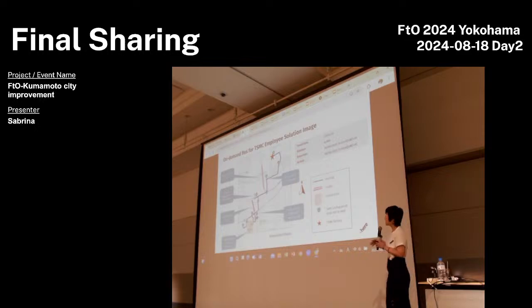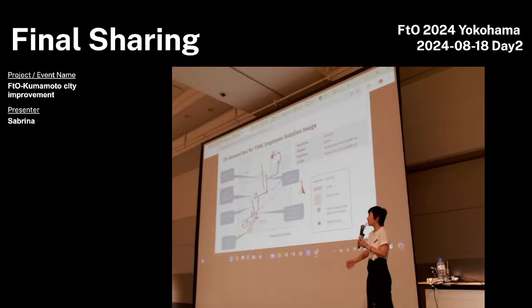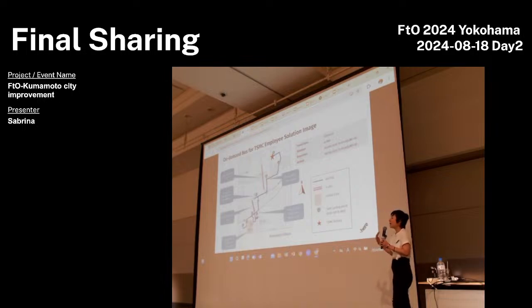So what we want to do is propose to TSMC and try to help them provide an on-demand shuttle bus app, to avoid those areas at certain times. For example, in the morning in Japan, people usually ride a bike and take kids to school, so we will try to avoid certain times and certain areas.